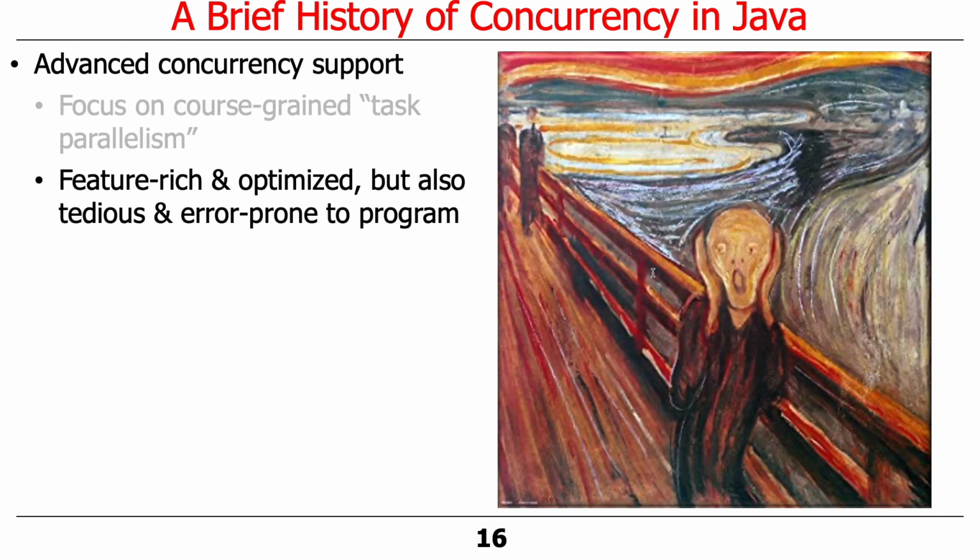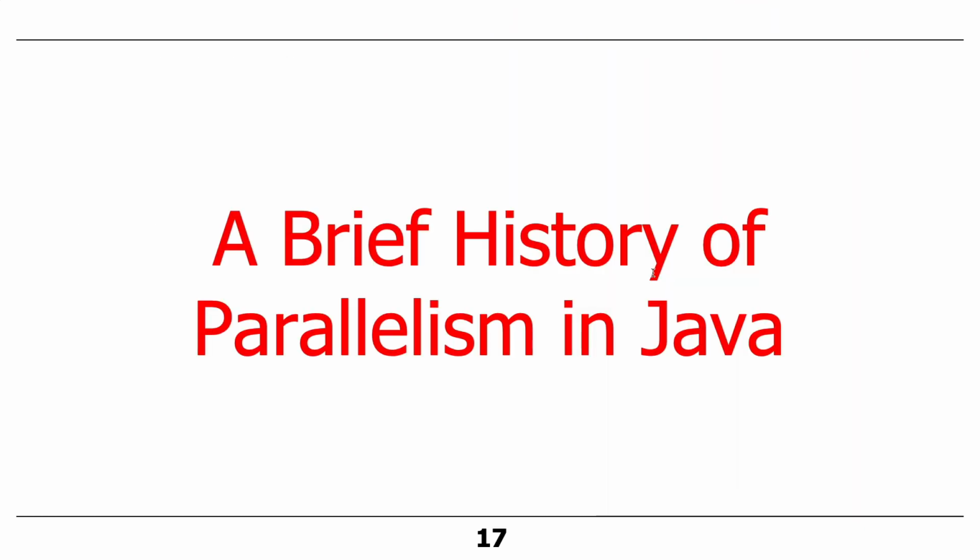Java 5's concurrency mechanisms were very feature-rich, very optimized, very clever, but also, honestly, tedious and error-prone to program, because programming with synchronizers and programming with tasks can be difficult, since there are lots of accidental and inherent complexities lurking in that space.